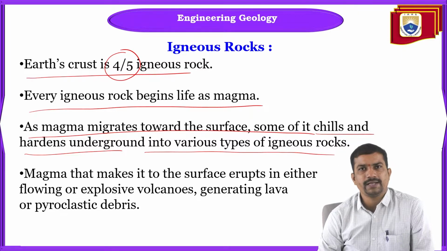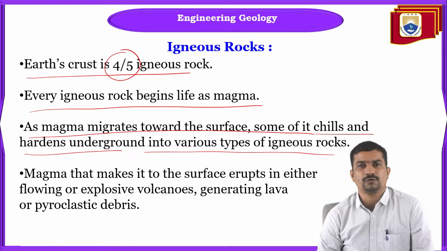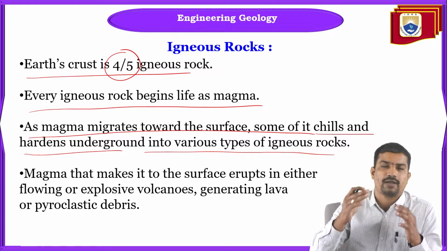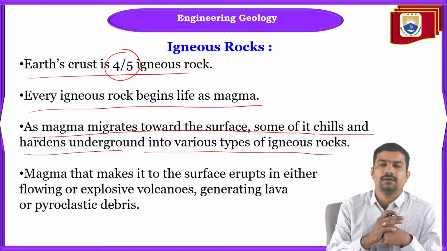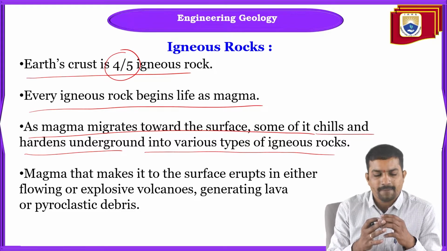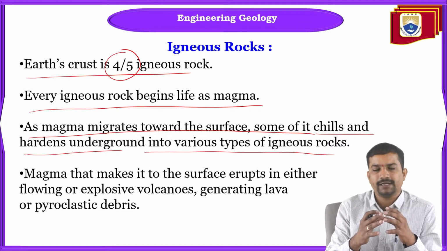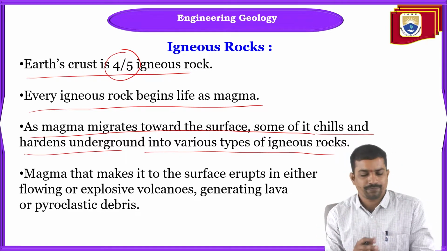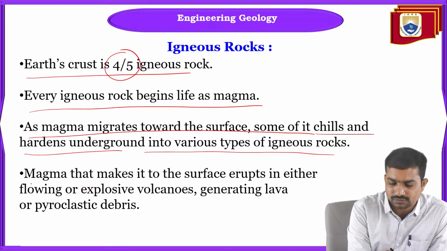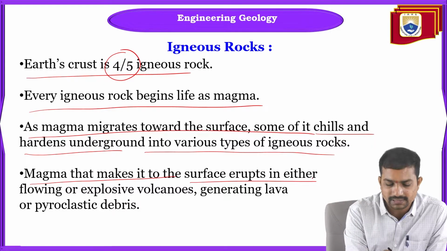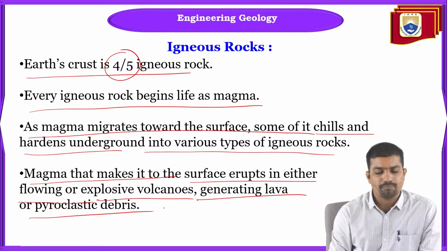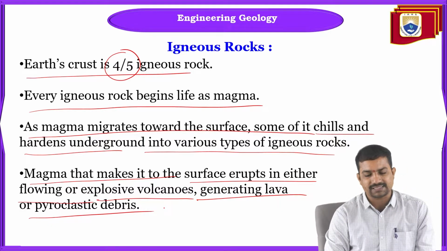So when it is migrating to the earth surface, different kinds of rock are formed, and some magma hardens inside the crust itself. Magma that makes it to the surface erupts in either a flowing or explosive volcano, generating lava or pyroclastic debris.